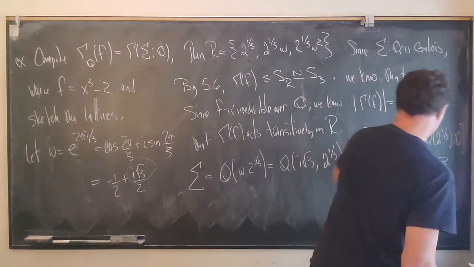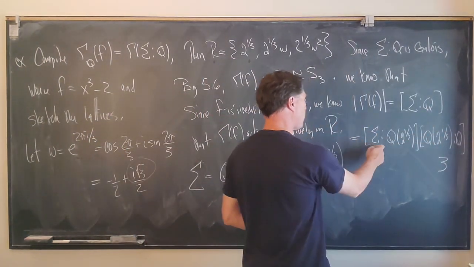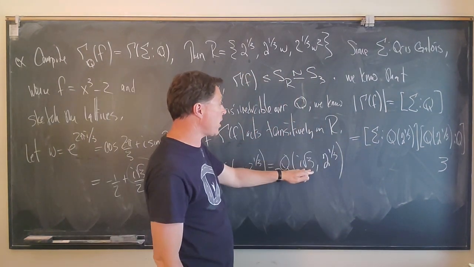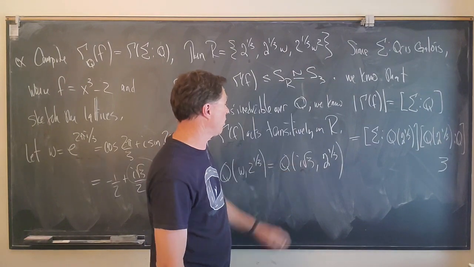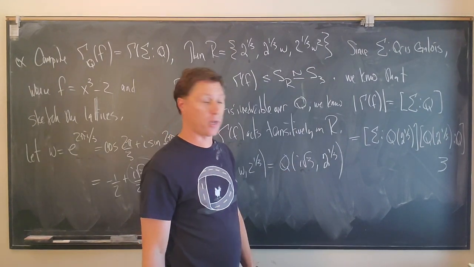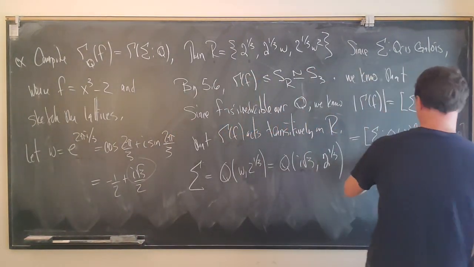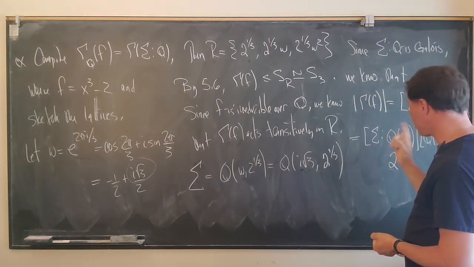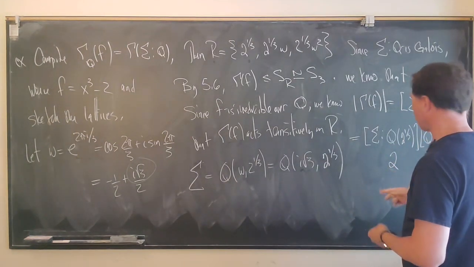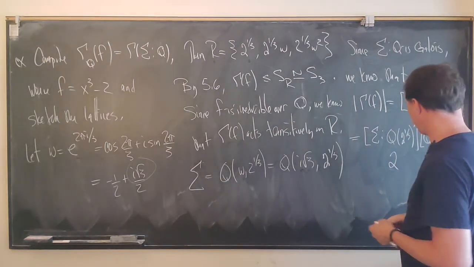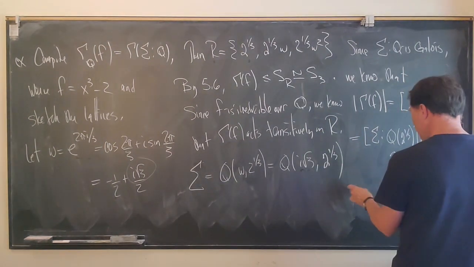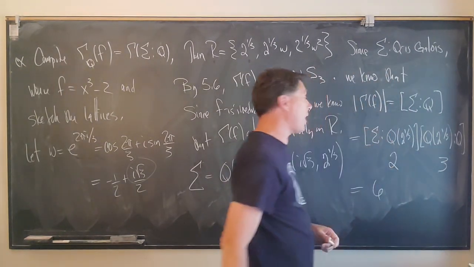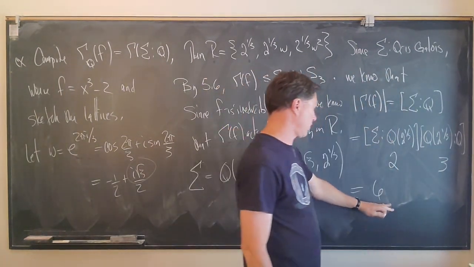Then we adjoined i root 3, which will have minimal polynomial x squared plus 3. You can check that the minimal polynomial over Q adjoin 2 to the 1/3 is x squared plus 3. So in the end, the order of Gamma of f is equal to 6.